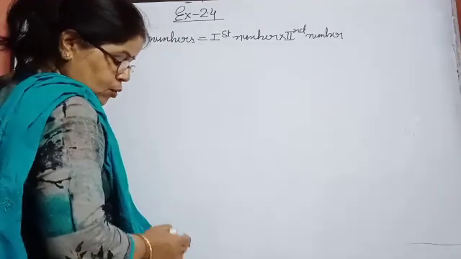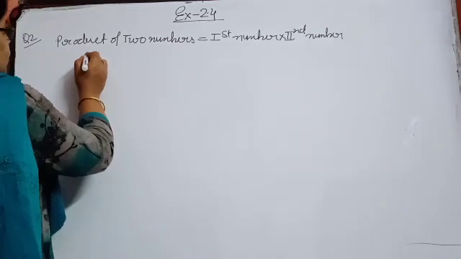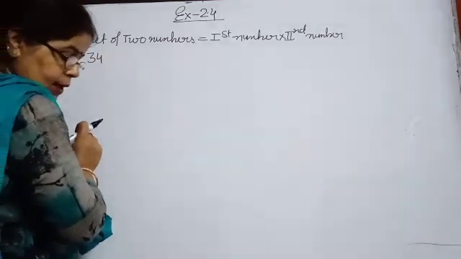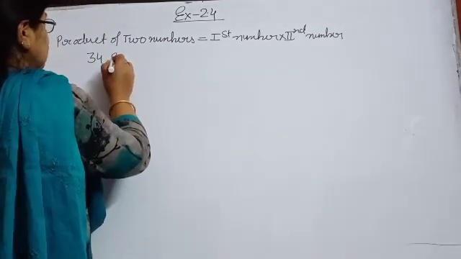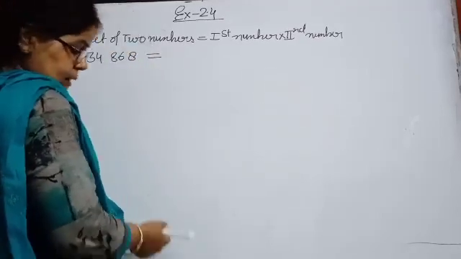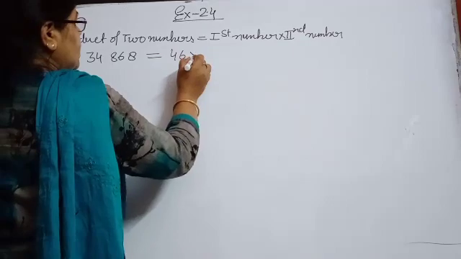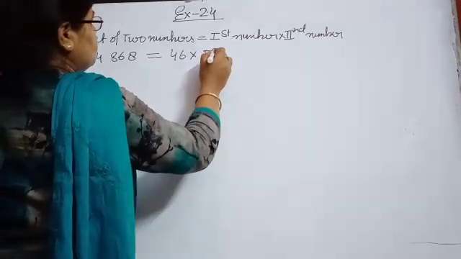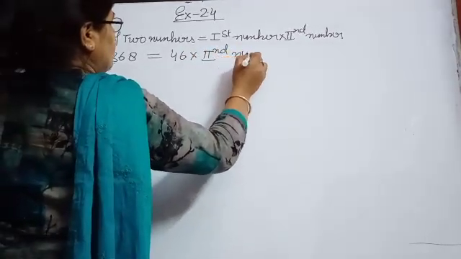You are given the product of the numbers as 34868. If one of the numbers, the first number, is 46, you have to find the second number, which is not given.